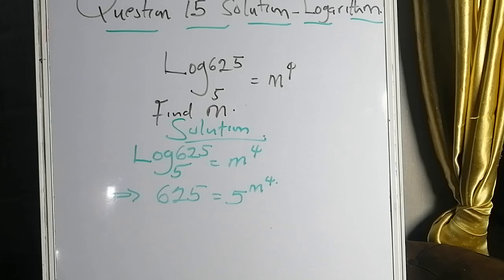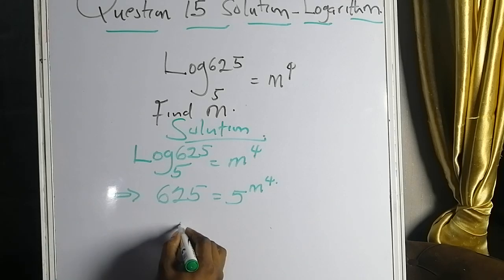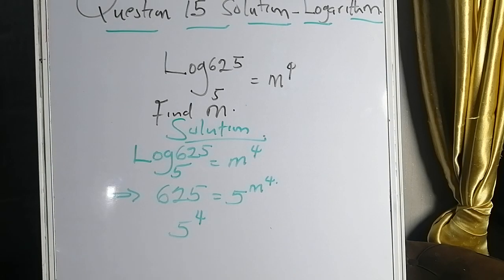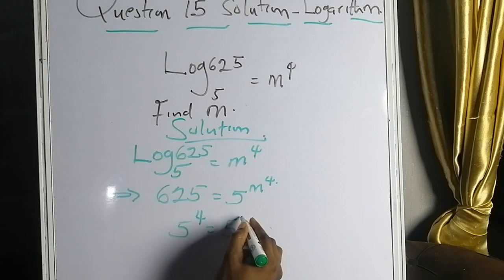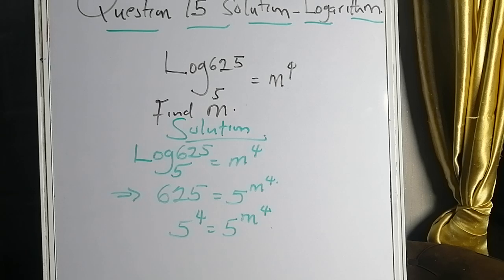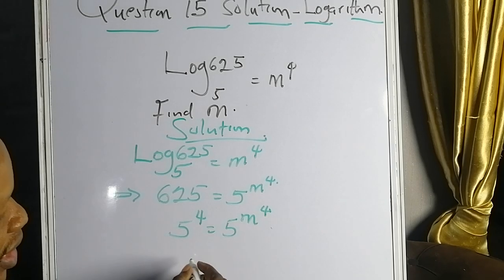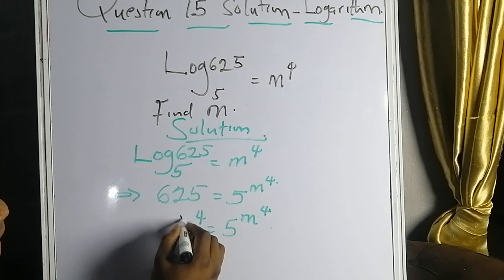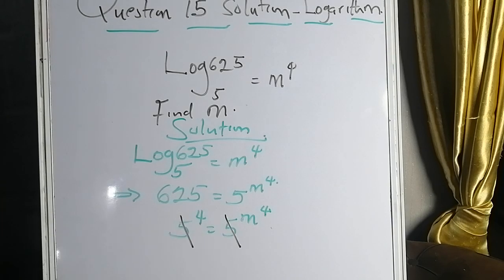So it means that instead of writing 625, I can write 5 raised to power 4 equals 5 raised to power m raised to power 4. Because we have the same base, based on part 1 in logarithm, I can cancel the 5s.